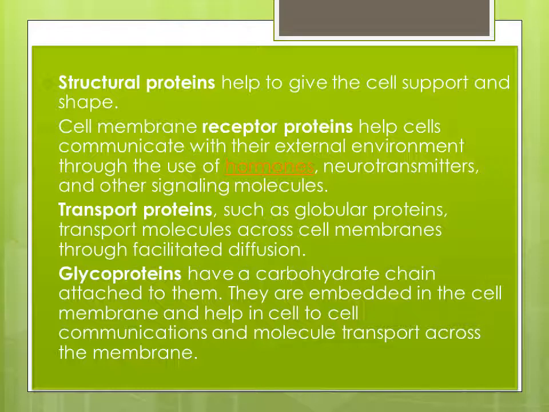Transport proteins, such as globular proteins, transport molecules across the cell membrane through diffusion. Glycoproteins have a carbohydrate chain attached to them. They are embedded in the cell membrane and help in cell-to-cell communication and molecule transport across the membrane.